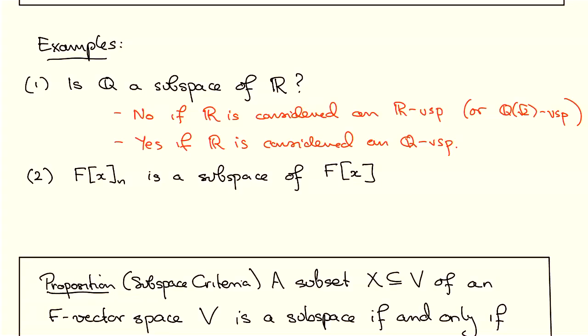If I want to consider R as an R vector space, and I want to consider this subset Q and ask whether it's a subspace, it has to be closed under the scalar multiplication. But the scalar multiplication in this vector space is multiplication by real numbers.